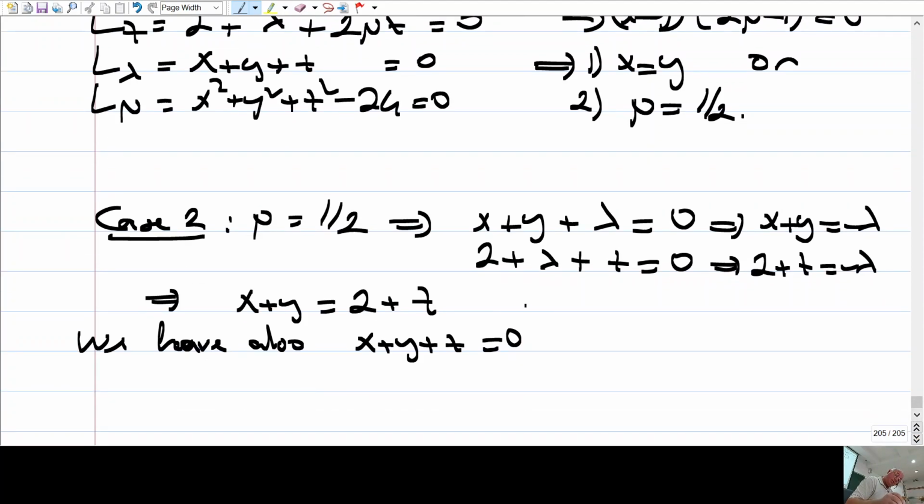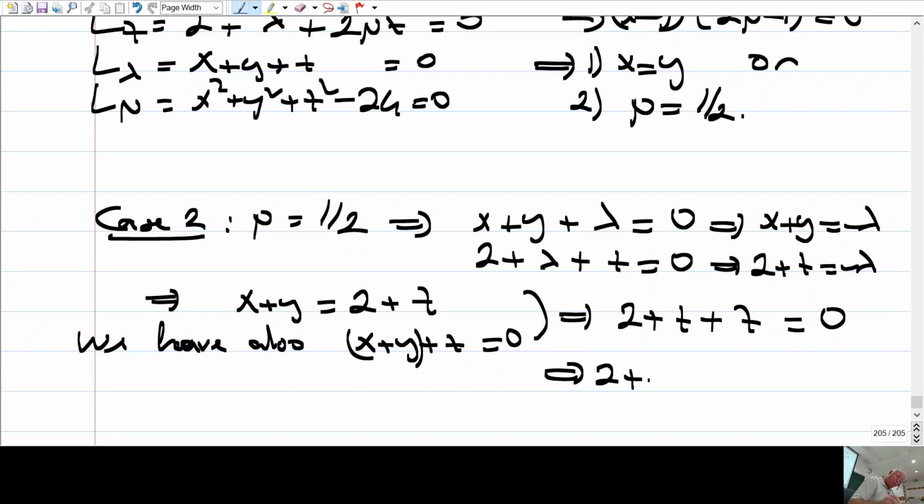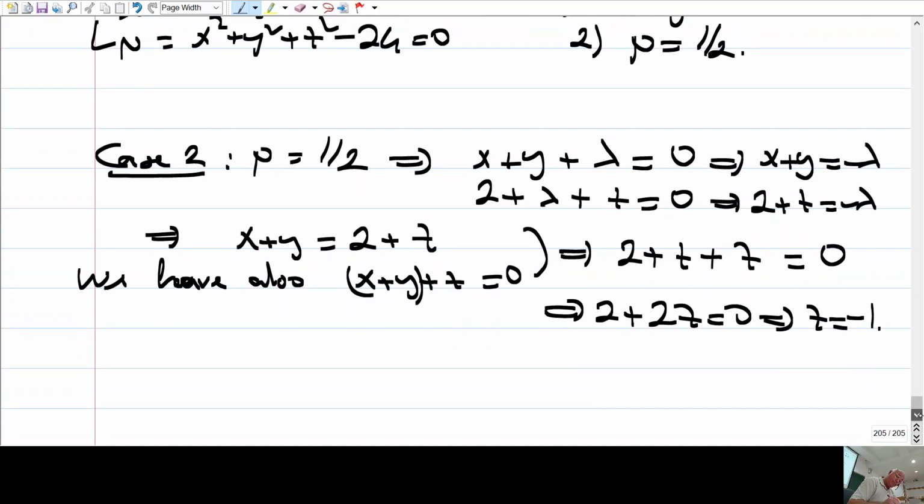And if you combine these two, instead of x plus y, I write 2 plus z. For this x plus y, I write 2 plus z plus another z equals 0. So 2 plus 2z equals 0. And from this we get z equals minus 1.